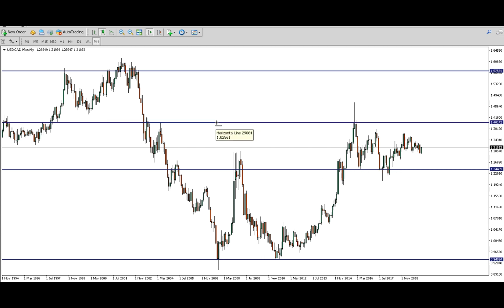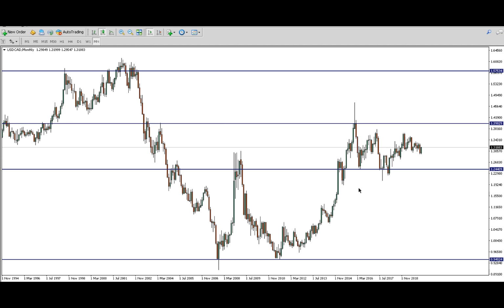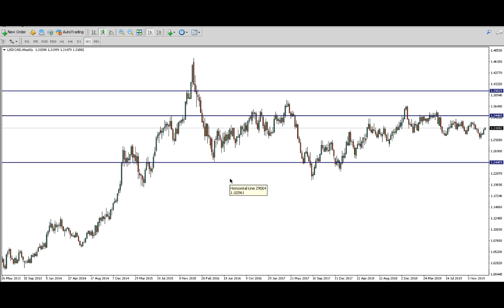So we start to find levels closer to where price is right now. And I think for the monthly, we could also try somewhere here. I'm not so sure about that one, but it doesn't matter. We will see on the weekly chart how it looks.